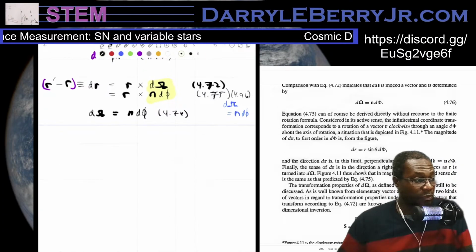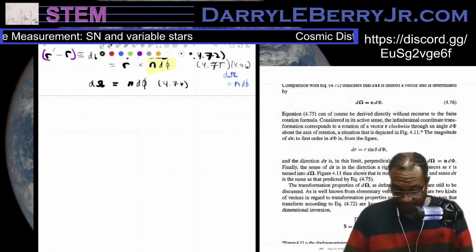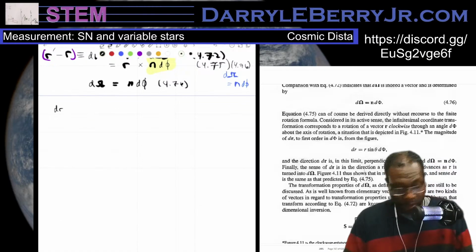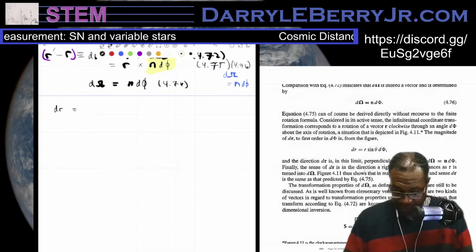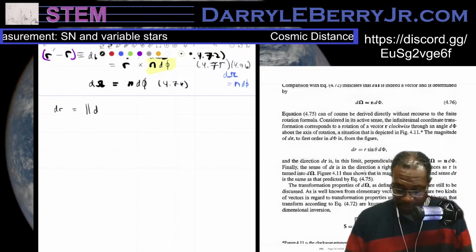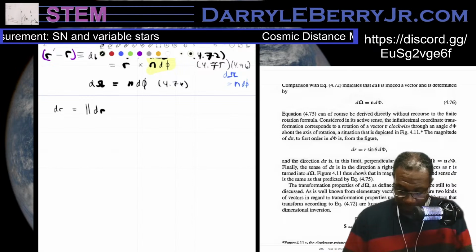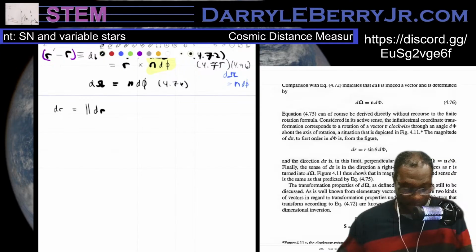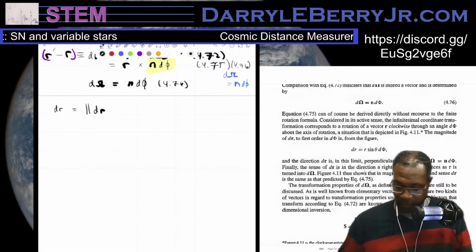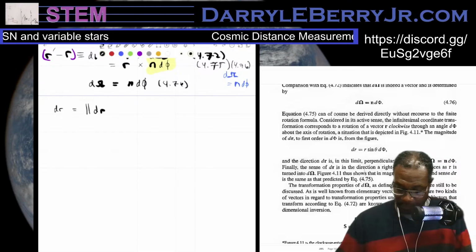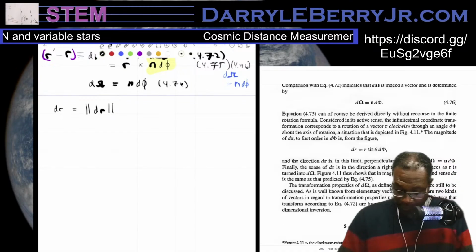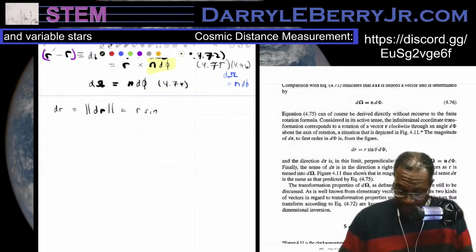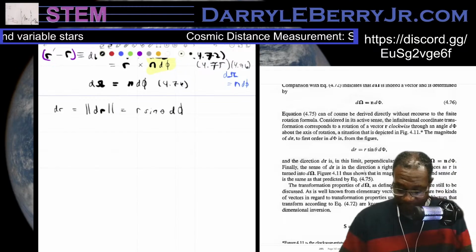So the magnitude of dr to the first order in d phi is, from the figure, the magnitude of dr equals r sine theta d phi.